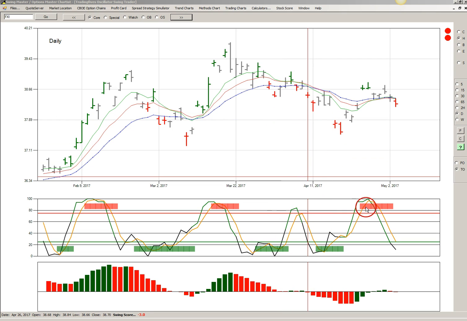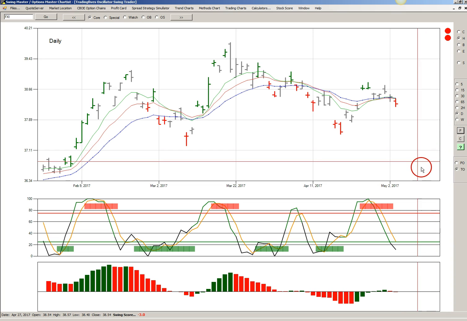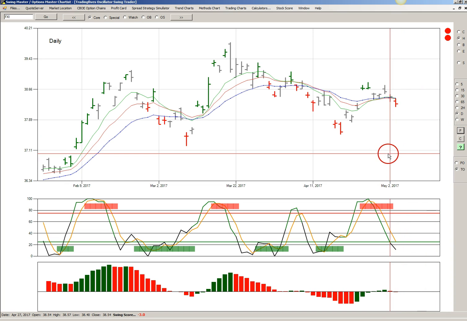You have the unbalanced stochastic RSI, and when you have a sell signal, in which case we have a crossover in the stochastic RSI coming out of the OB zone, you click on the P, that's for price, and you look down below at the TO, the Trading Fives oscillator, for the first red bar because it's a sell signal.